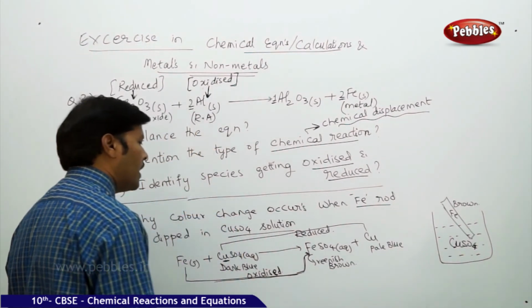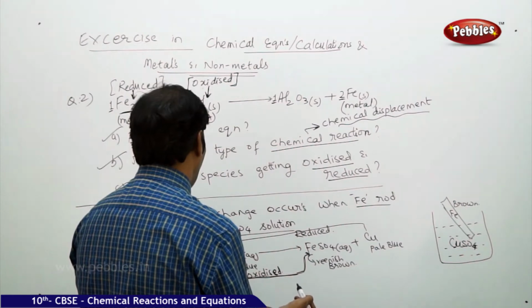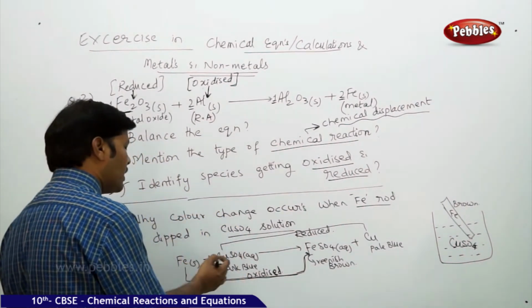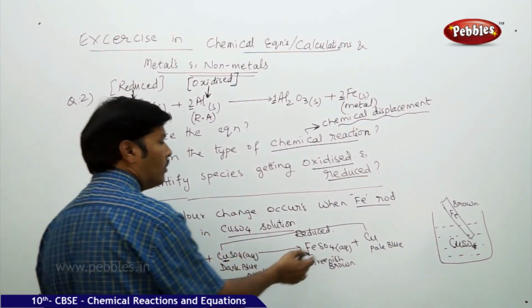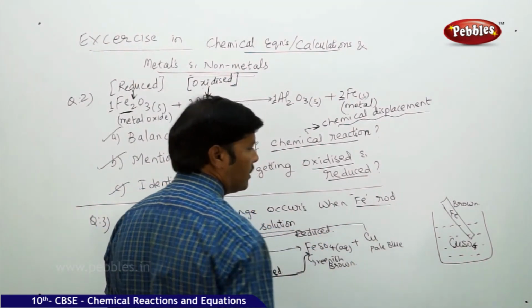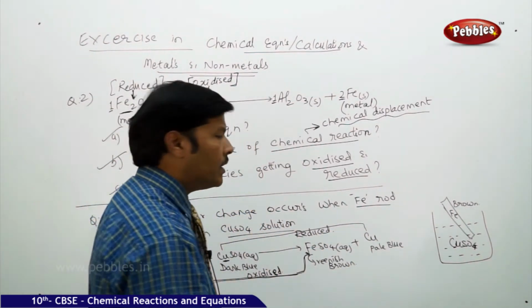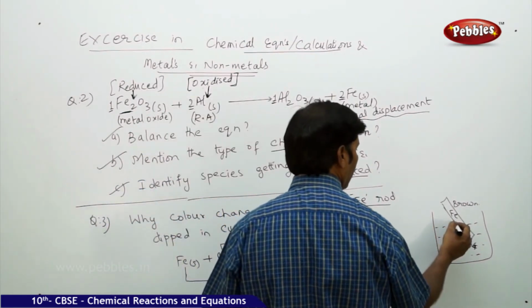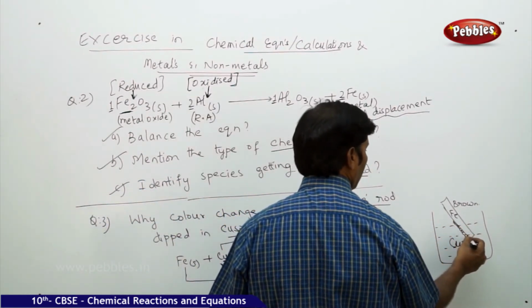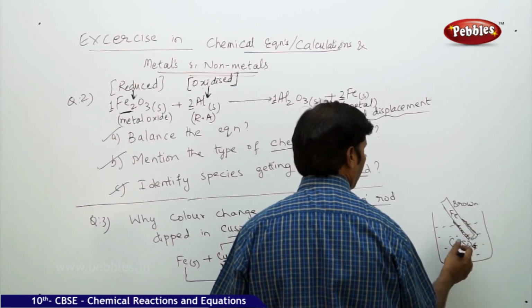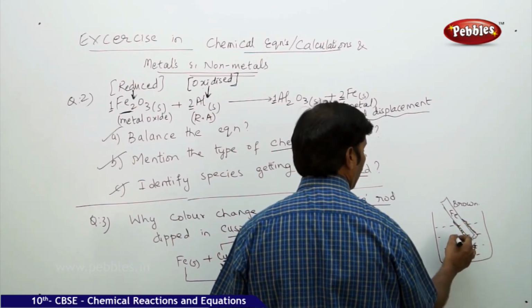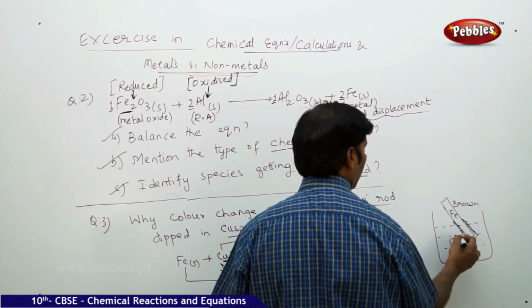The reason is that the iron is trying to reduce the cupric ions in copper sulfate to copper. That is why there is a change in color. You can see an intense greenish color, and the copper sulfate solution changes from pale blue.